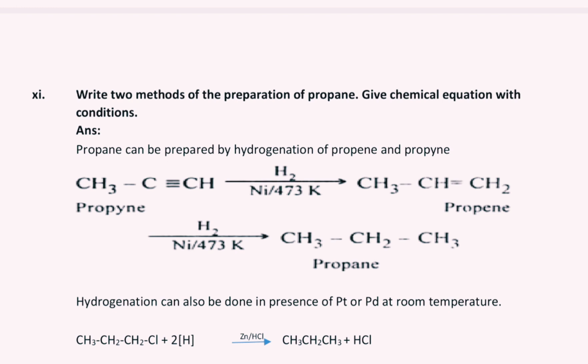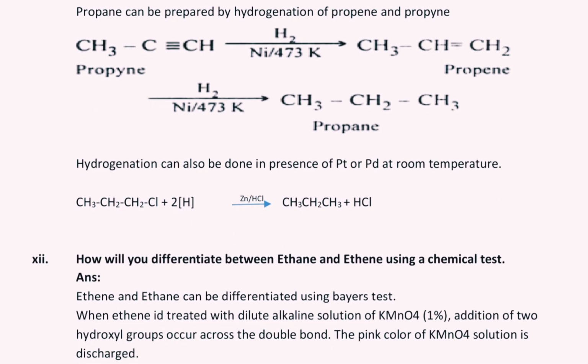And because he asked for two methods, one of the methods is here, the other one you can easily pick: any of the halo groups in your carbon chain. So you can pick any haloalkane, and your carbon number must be 3, because in the result we need 3. So we have chlorine with the chain here, and you can do this hydrogenation reaction in the presence of platinum or palladium, you may use any of them.